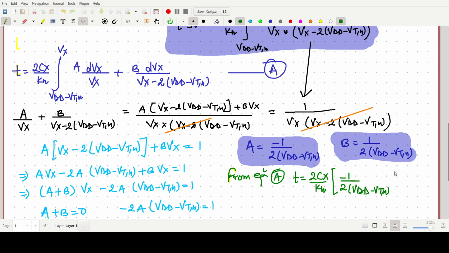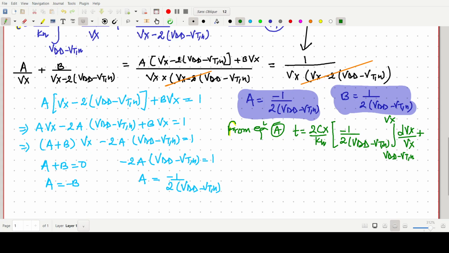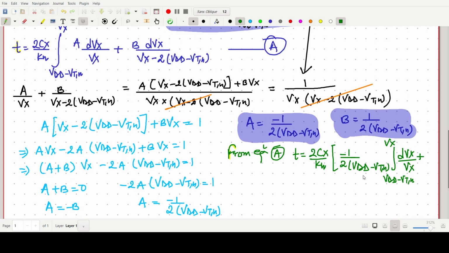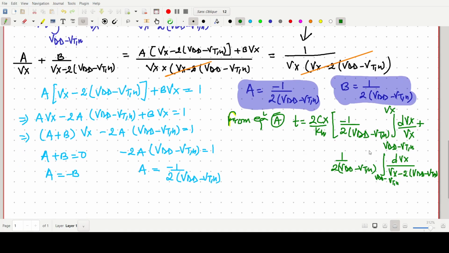A is there, integral dVx by Vx, where the limit will vary from VDD minus Vtn to Vx, plus B times, where B is 1 by twice (VDD minus Vtn), integration dVx by the other term, here also the limit is VDD minus Vtn to Vx. Now I will take some space to solve this problem.